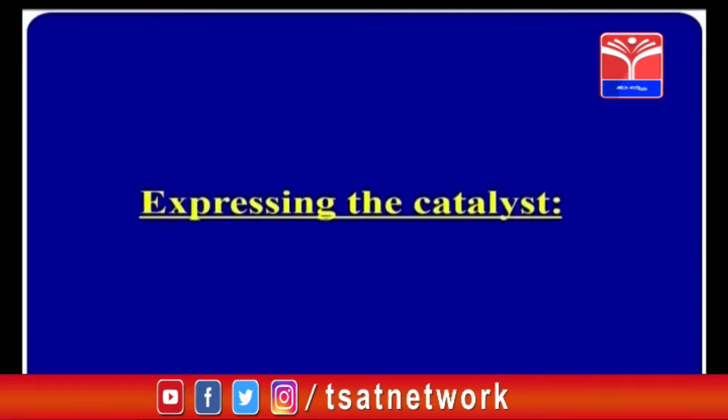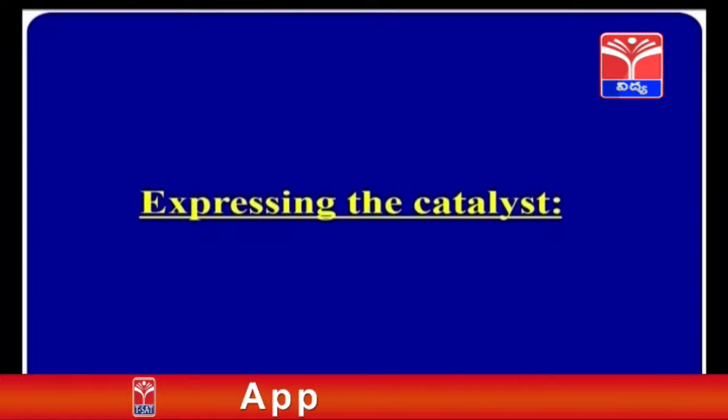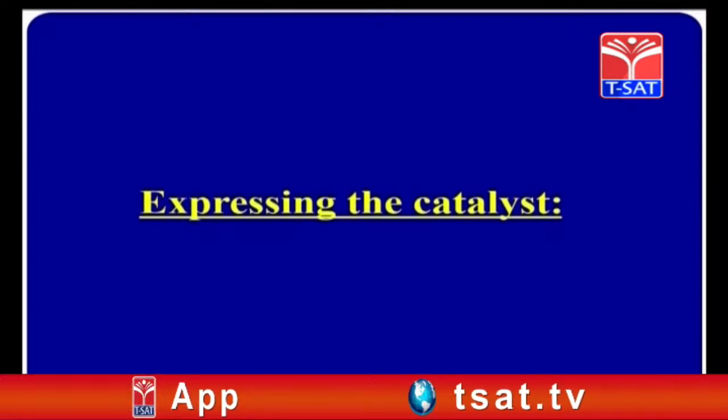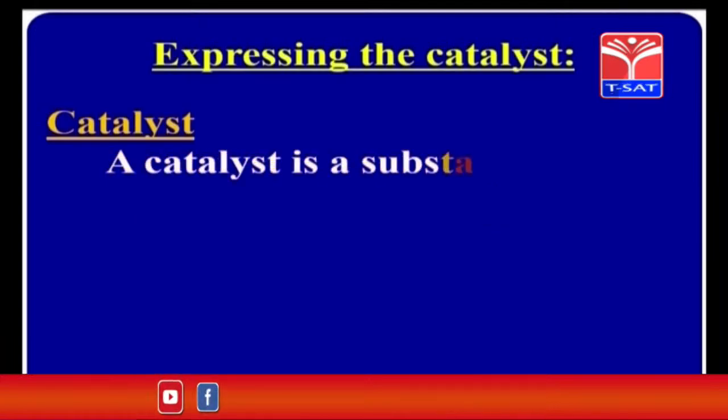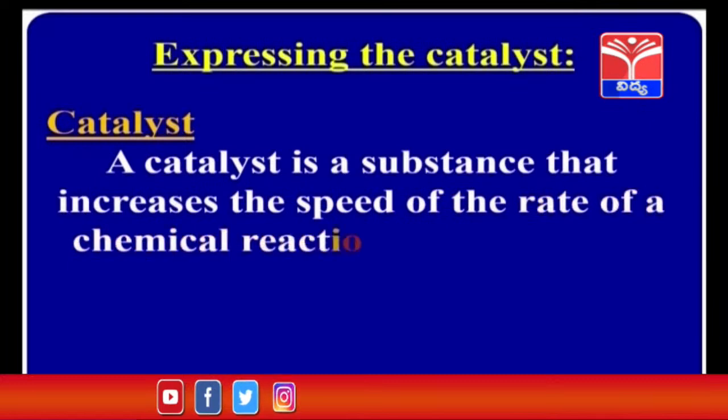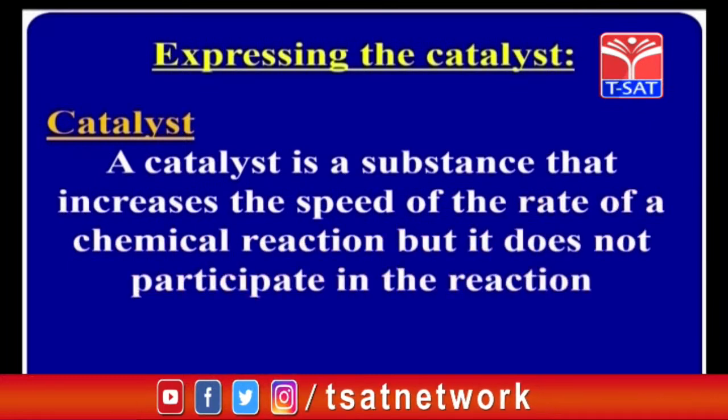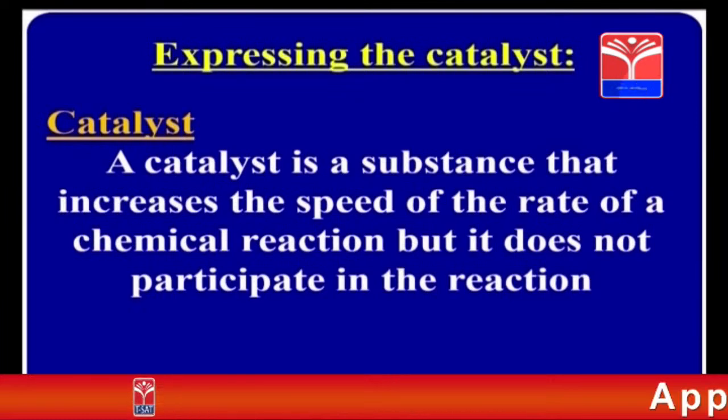Expressing the catalyst. Dear children, some of the chemical reactions take place in the presence of a catalyst. So, do you know what is a catalyst? A catalyst is a substance that increases the rate of a chemical reaction, but it does not participate in the reaction.